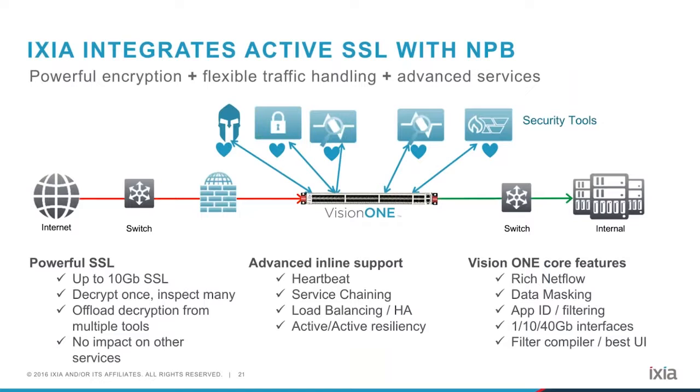And one of the reasons that it's really nice to have this SSL capability built into something like a packet broker, especially one with really good support for security deployments, is the ability to flexibly support and route traffic. Let's say that you have a 3 gig internet pipe and your IPS, your intrusion prevention systems, can only run at 1 gig each.